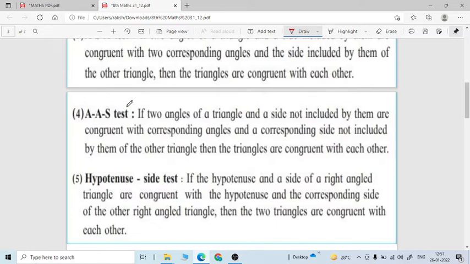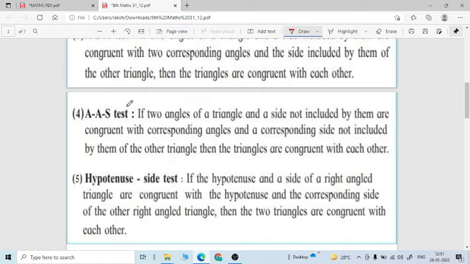Two angles are same but one side is not same. Angle same but side same is not there. On the other hand, sides are same but angles are different. So AAS means angle angle side test.